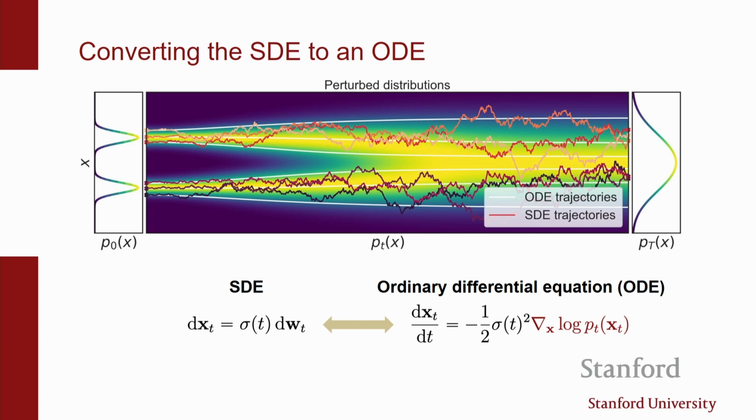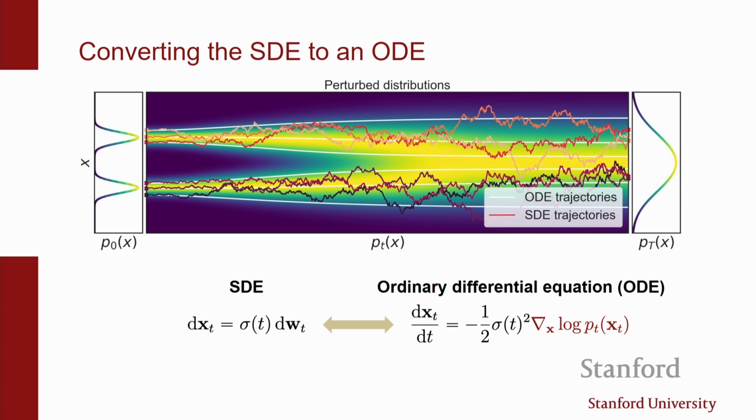And again, this ordinary differential equation depends on the score. So if you are able to estimate the score, you can generate samples. You can go from noise to data by solving an ordinary differential equation instead of a stochastic differential equation.